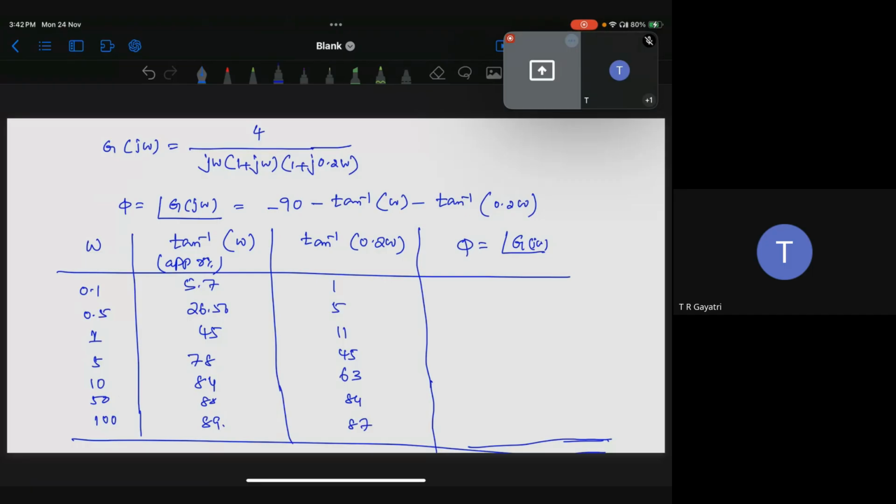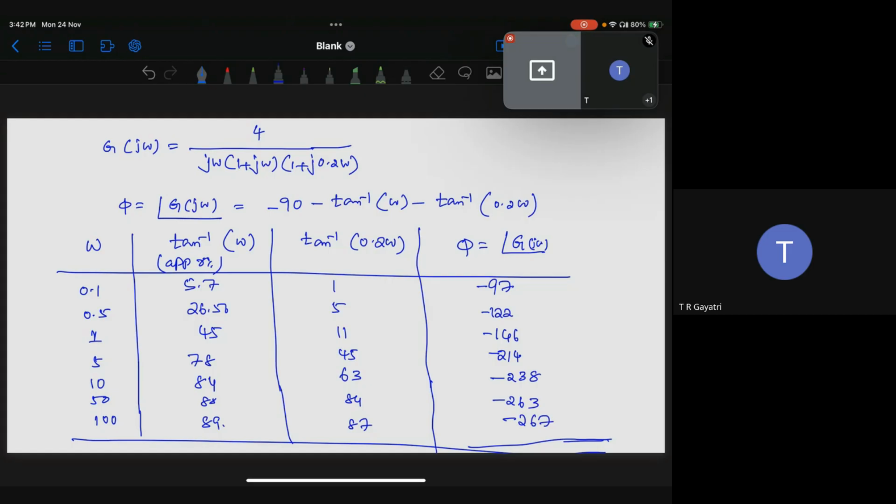So the final is minus 97, minus 122, minus 146, minus 214, minus 238, minus 263, minus 267.